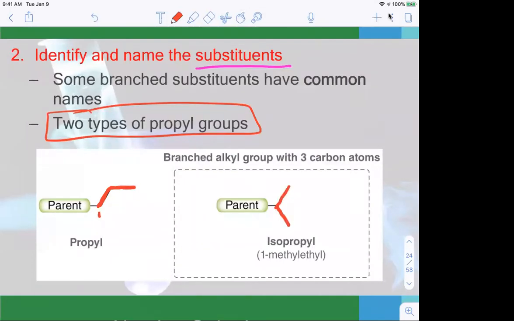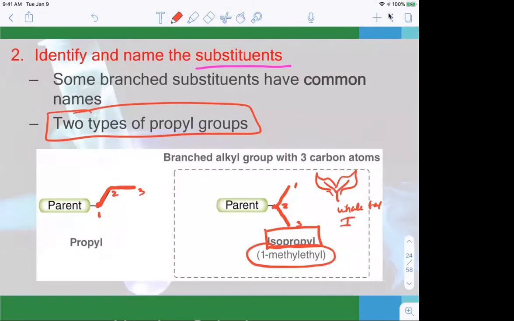This is attached at the first carbon of the propyl group. This is attached at the second carbon of the propyl group, or I could call it 1-methylethyl. This is more commonly used. This is going to be isopropyl. So it kind of looks like a whale tail to me. And when I have my whale tail, I use iso. And you're going to see I can have isobutyl and isopentyl as well.